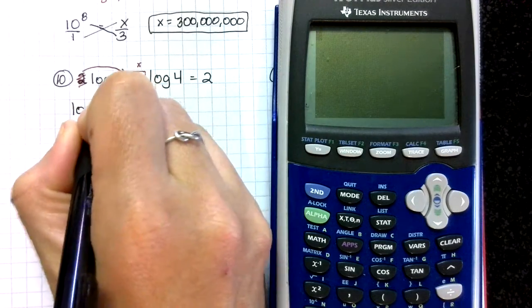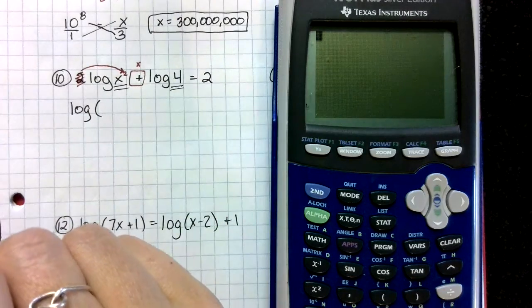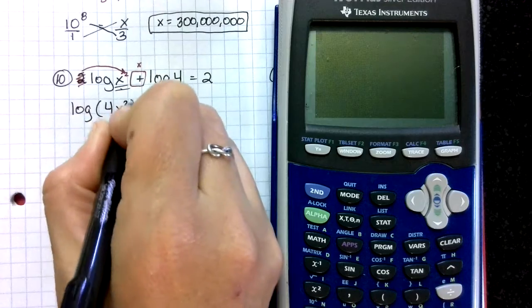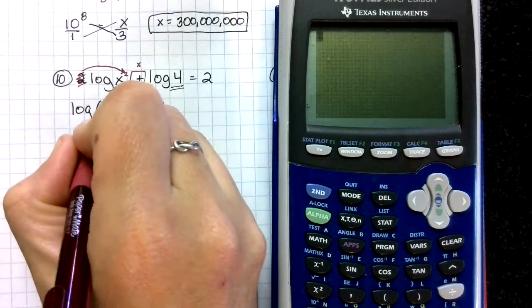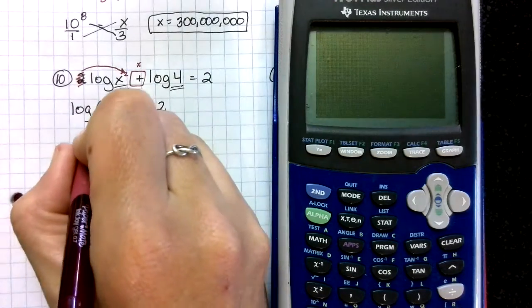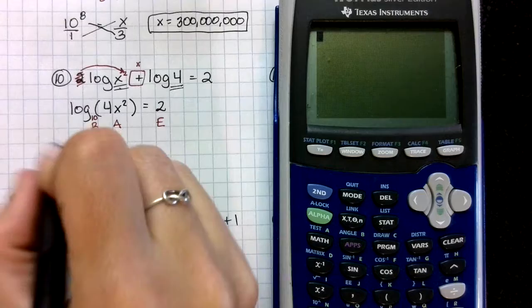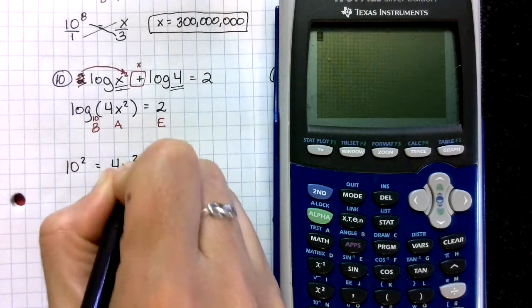So when I rewrite this, one log, I have to multiply these two things. So x squared times 4 is 4x squared. Now I can put in my base, answer, exponent. So I've got 10 to the power of 2 equals 4x squared.